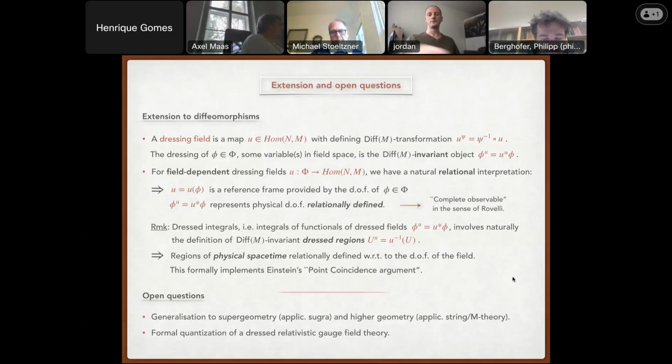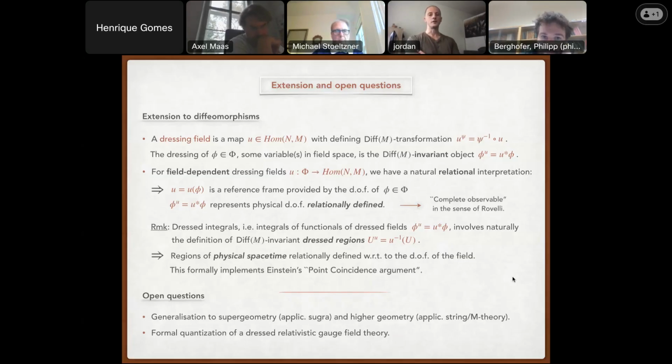And on this final slide, this very important slide, you say that the phi u represents the physical degrees of freedom, and that this is to be relationally defined. Could you elaborate on this? What do you mean by relationally defined? What does it mean for the questions of whether systems have intrinsic properties, what exactly the fundamental objects in the theory are, and so on?